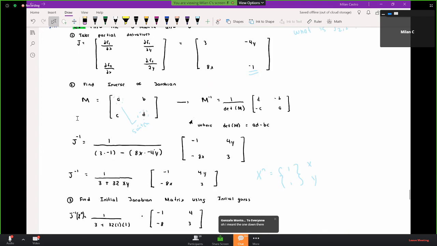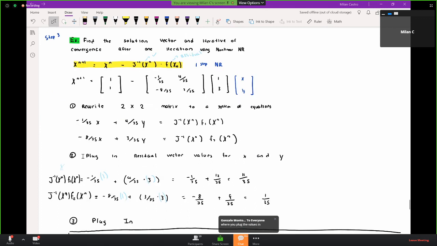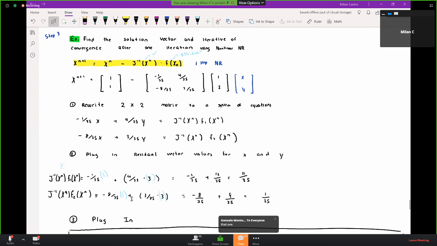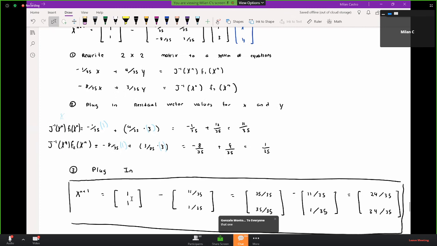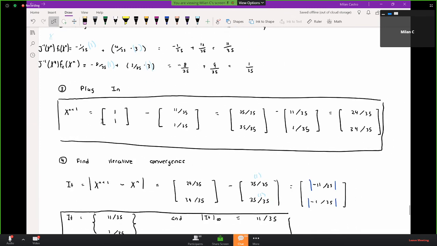There's another residual one where you plug the values in. Oh, this big thing, the solution, the one-step Newton-Raphson, oh, okay.